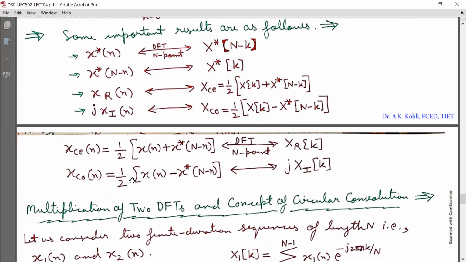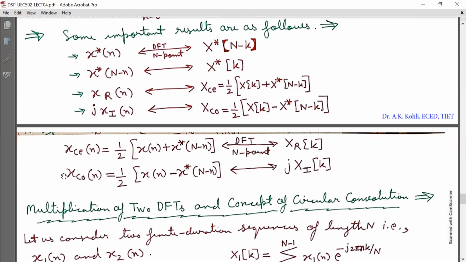Similarly, if I am having a small x conjugate even sequence in time domain, then its DFT will give you capital X_R(k), that is the real part of capital X(k).